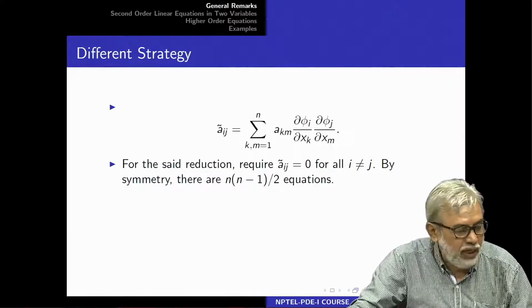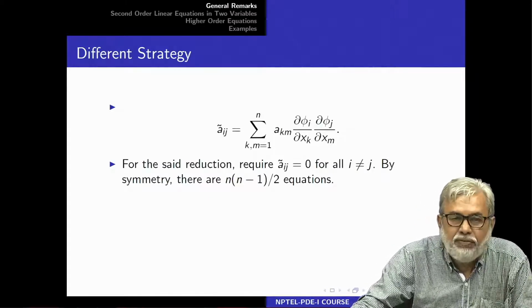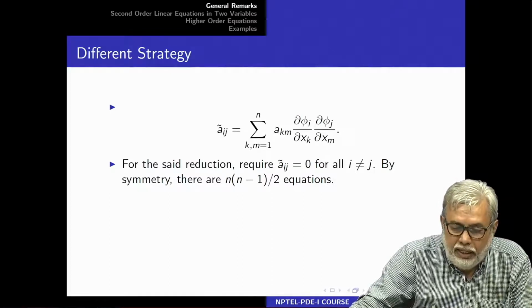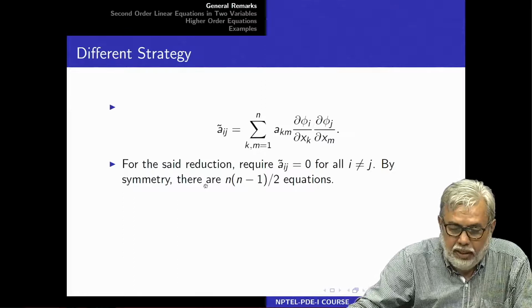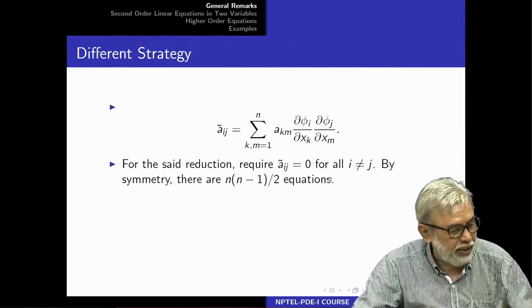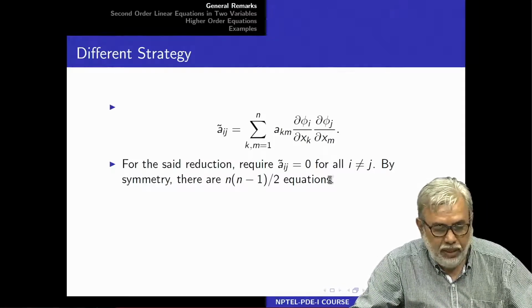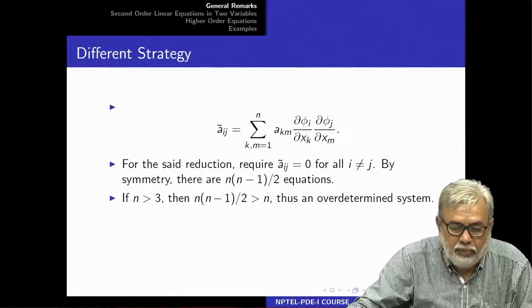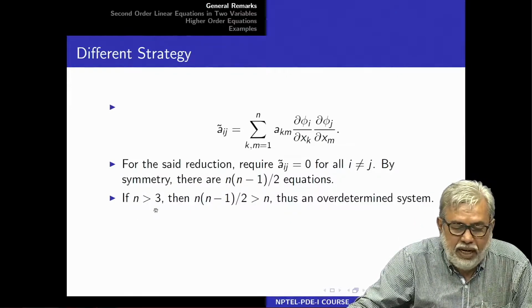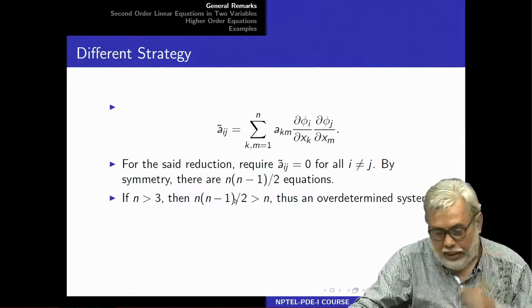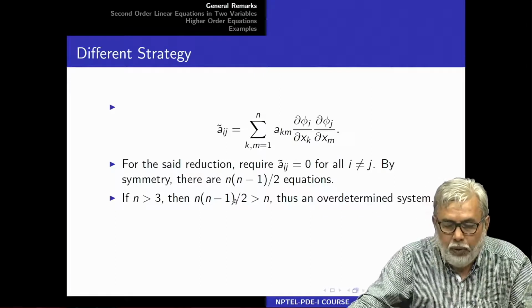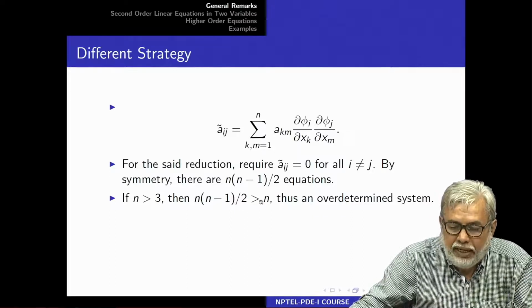How many unknowns are there? Unknowns are only phi_1, phi_2, ..., phi_n. So, there are n unknowns, and we are getting n(n-1)/2 equations. A simple observation: if n is bigger than 3, then n(n-1)/2 is strictly bigger than n.